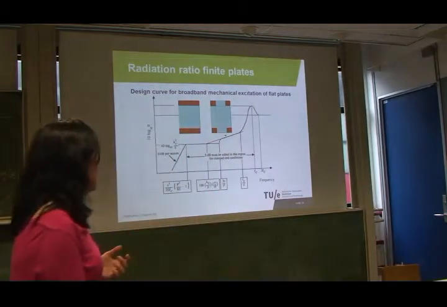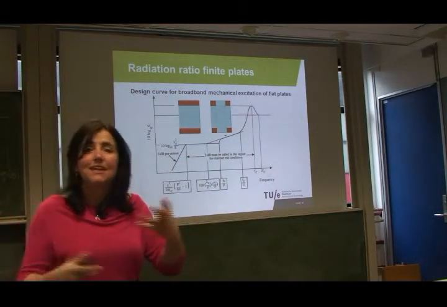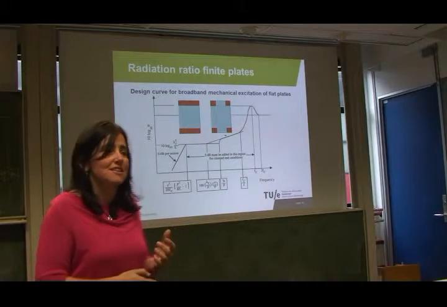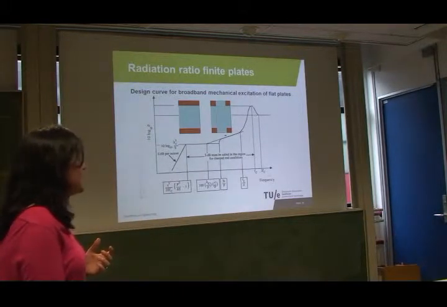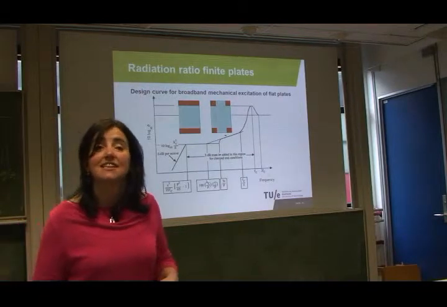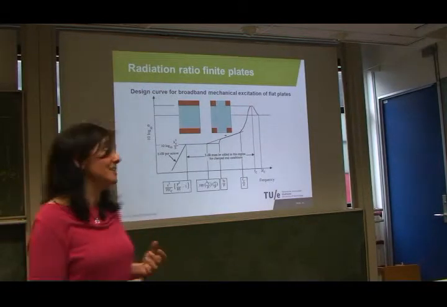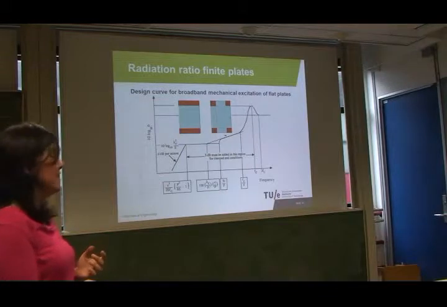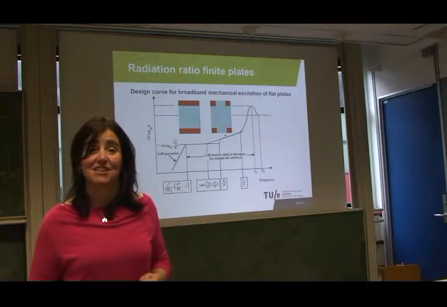So these curves are quasi-empirically determined, which can be built by pieces, but basically you see the radiation efficiency is much lower than 1, and it becomes smaller and smaller as the frequency decreases.